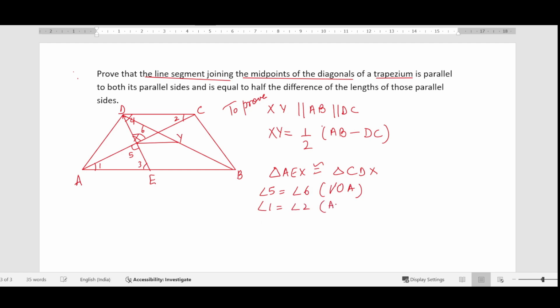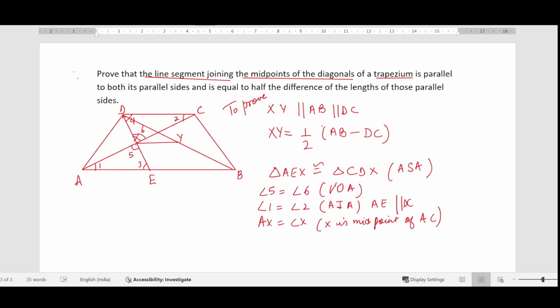They are alternate interior angles as AE is parallel to DC. AX is equal to CX as X is midpoint of AC. So by ASA congruency rule, the two triangles are congruent.